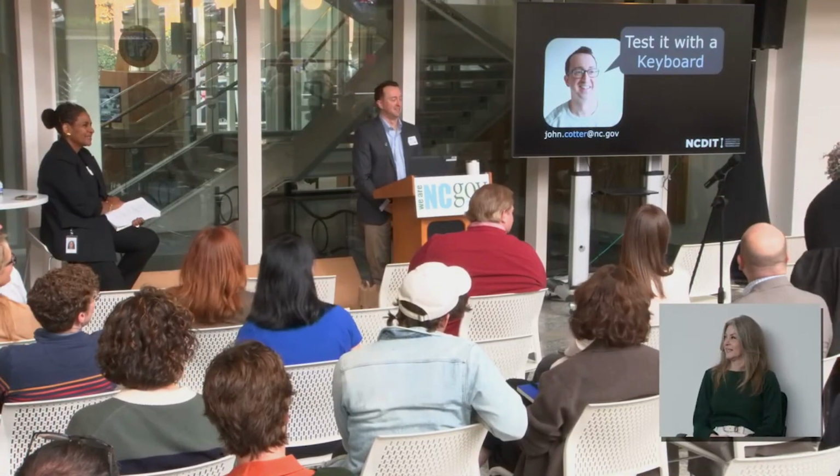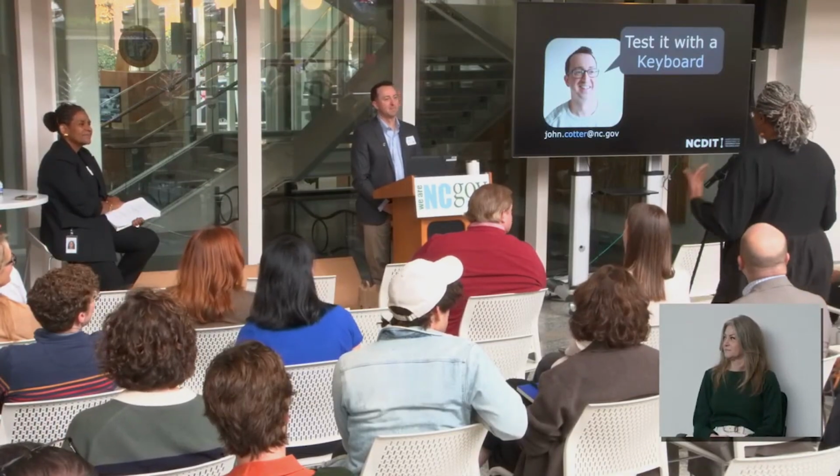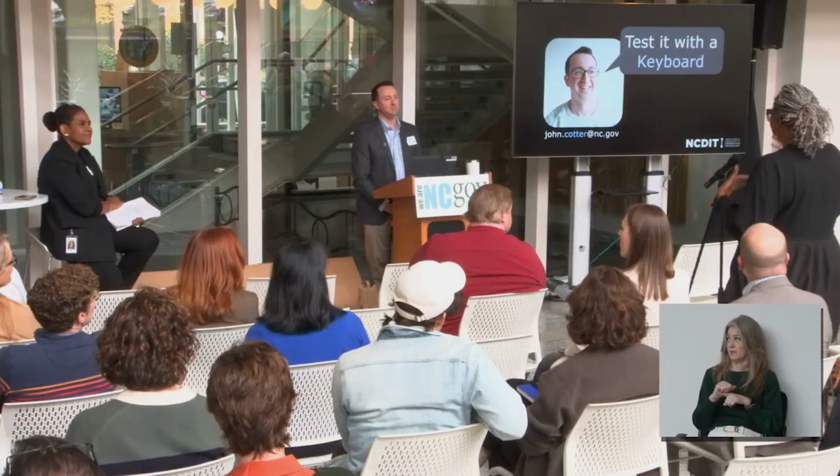I love this building. I am a trainer, and so not a developer, but a trainer, and a lot of times when we're trying to do web-based training, we use software like Articulate. And so my question is, I think it was a very interesting way to test your training when I'm developing it, but I've noticed some of the training that is sent to us from other agencies, a lot of participants have an issue.